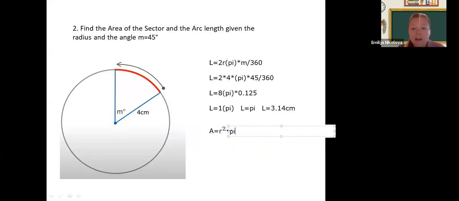And then again, I have the fraction of the angle that is given divided by 360. That is the 360 degrees of the whole circle. So we'll have the area equals r, in our case, is 4. So r squared will be 4 times 4 times pi. And then we have times the angle divided by 360.